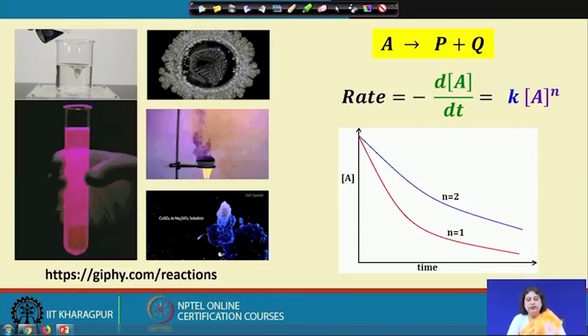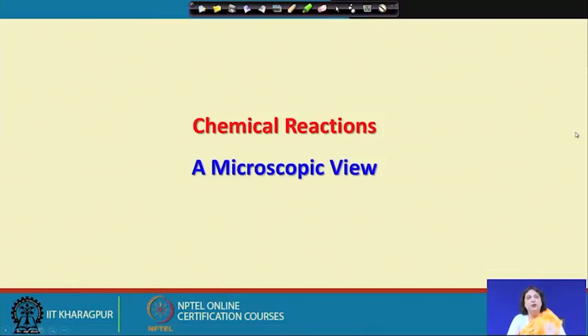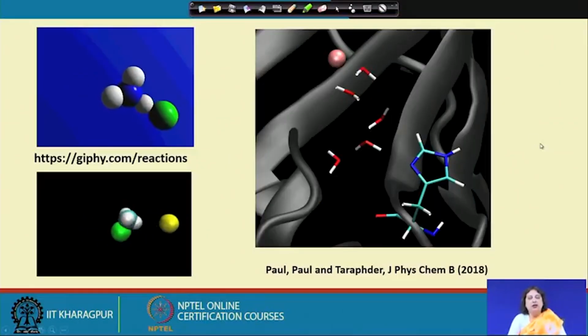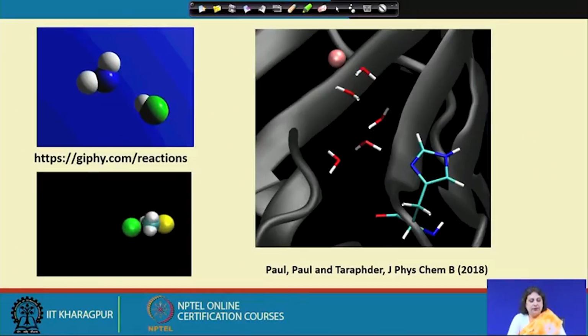Now, in order to do this, obviously, I need to set up the microscopic view of chemical reactions. And when I do this, we understand that as chemists, we are usually familiar with a molecular picture like this associated with a chemical reaction.